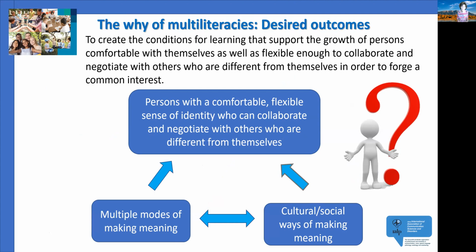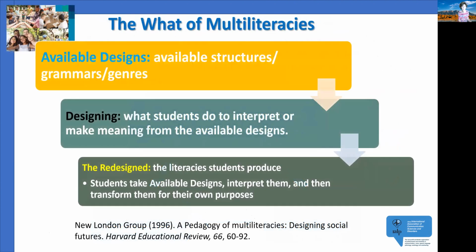Well, for the 21st century, we need persons with a comfortable, flexible sense of identity who can collaborate and negotiate with others who are different from themselves. And if people are going to be able to do that, they have to have multiple modes of meaning making, and they have to realize that different cultural, social groups have different ways of making meaning.